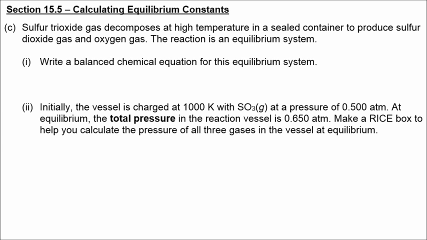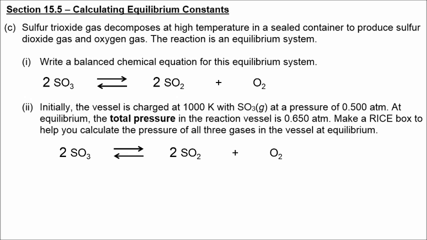Sulfur trioxide is SO3. It decomposes to produce sulfur dioxide, SO2, and oxygen gas. So the balanced chemical equation looks like the following. Initially, we have a pressure of SO3 of 0.5 atmospheres. Initially, we have a pressure of SO2 and O2 of 0 because the reaction hasn't started yet, so there are no products.